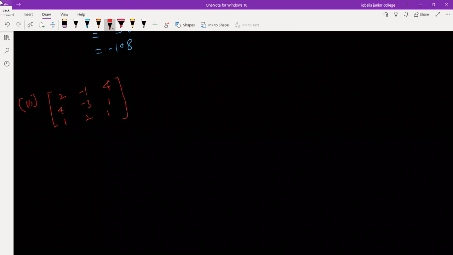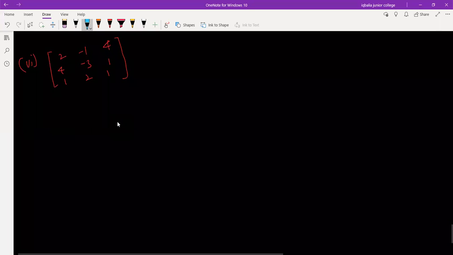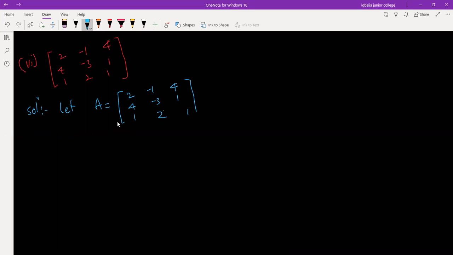Let's see who will get the first answer. Solution. Let the given matrix be A: 2, minus 1, 4, 4, minus 3, 1, 1, 2, 1.